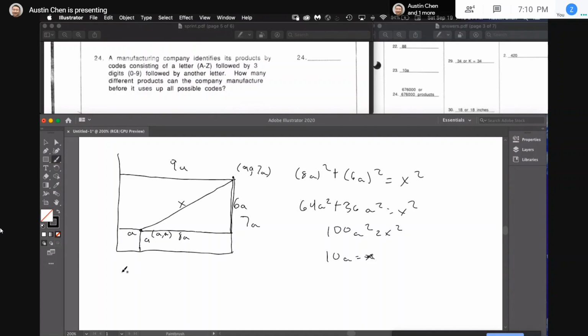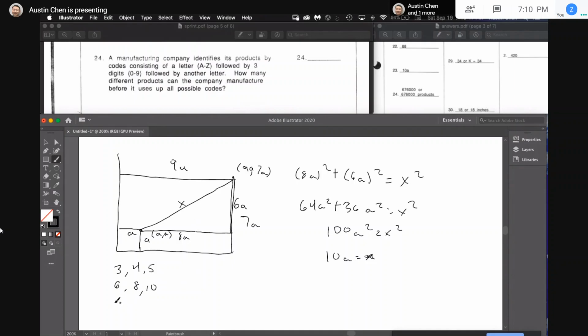So let's go over common Pythagorean triples. We have 3, 4, 5, the most basic Pythagorean triple. With any Pythagorean triple, you can multiply by constants to get new ones. If we multiply this by 2, we get a new triple, 6, 8, 10, which is what we used here.